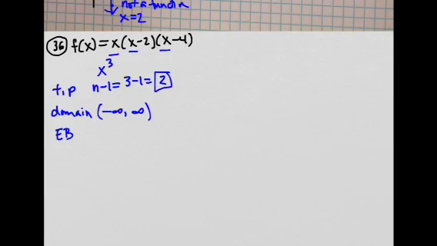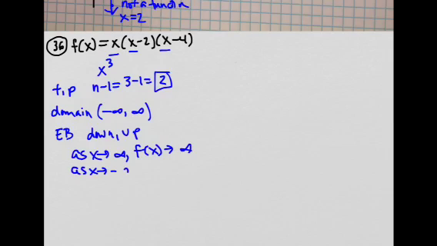Now, because it's a cubic function, this is a down up, right? And you would say, as x goes to infinity, f of x goes to infinity, and as x goes to negative infinity, f of x goes to negative infinity.